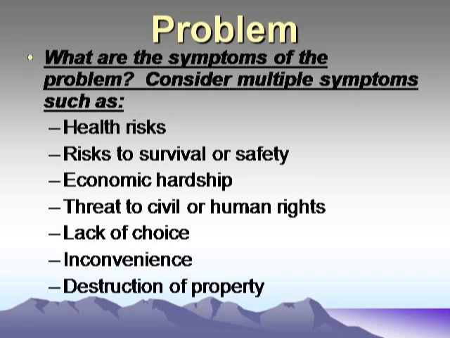What are the symptoms of the problem? Again, consider multiple symptoms such as health risks to survival or safety, economic hardship, threat to civil or human rights, lack of choice, inconvenience, destruction of property.